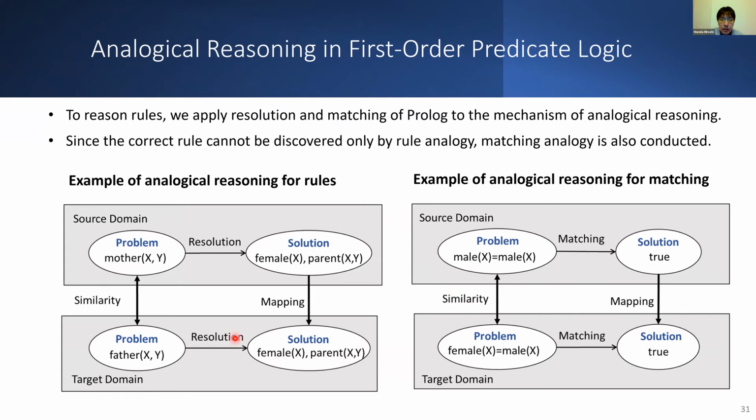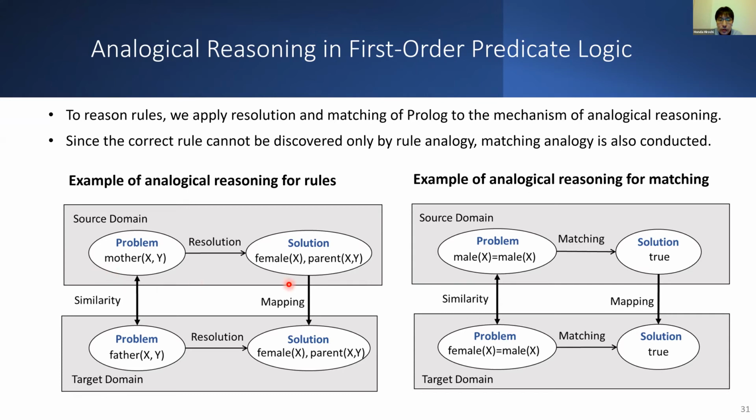This is an example of analogical reasoning for rules. Suppose we know the rule: if X is a female and X is Y's parent, then X is Y's mother. And suppose we don't know the rule about father. The problem of the source domain is X is Y's mother.